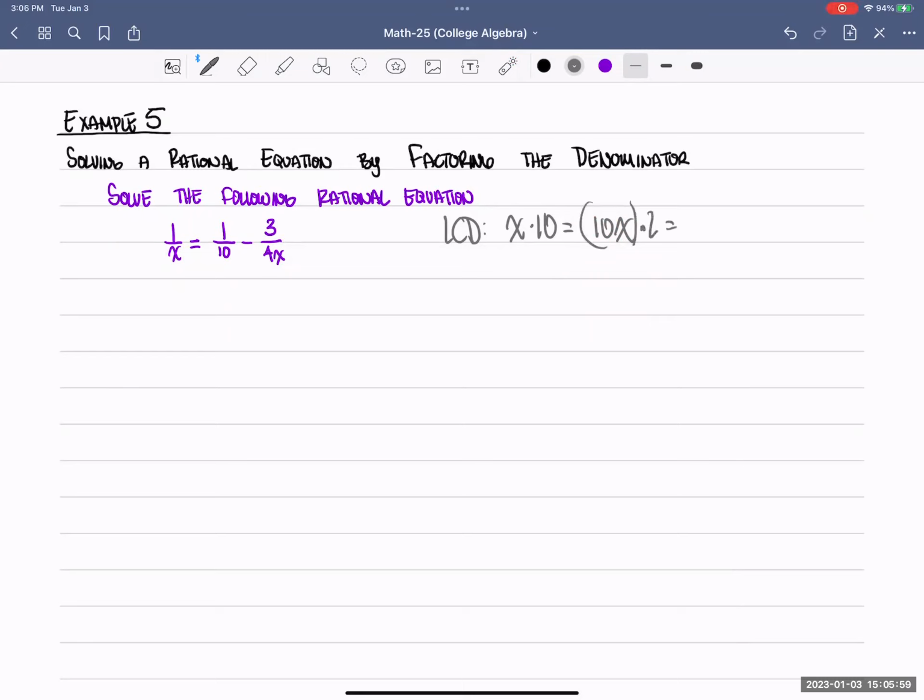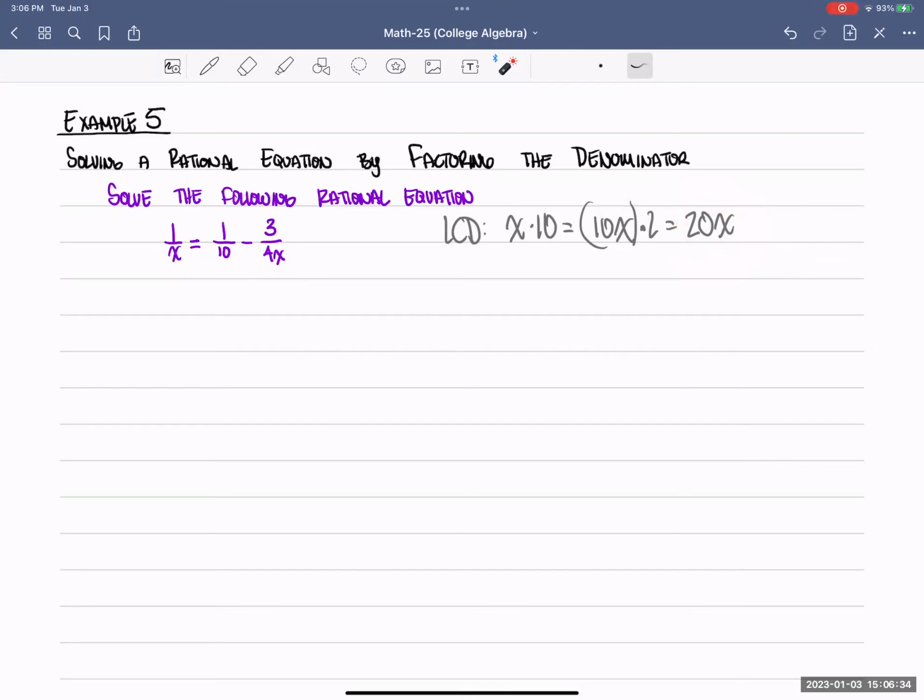So 2 times 10 is 20x. 20x divided by x gives us a whole number. 20x divided by 10 gives us 2x, no more fractions. 20x divided by 4x, the x's divide out and we're left with 5. So we've crushed all of the denominators, and that works.